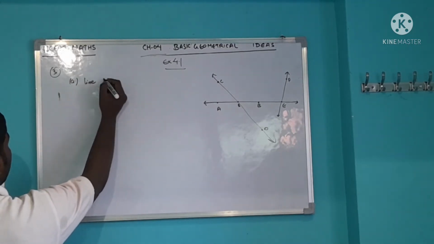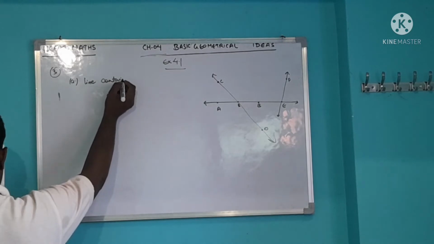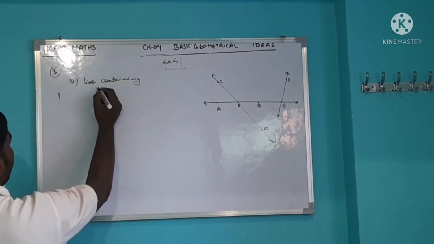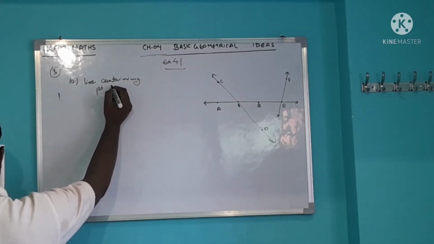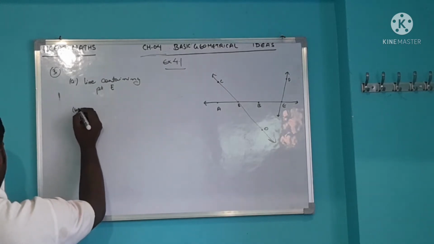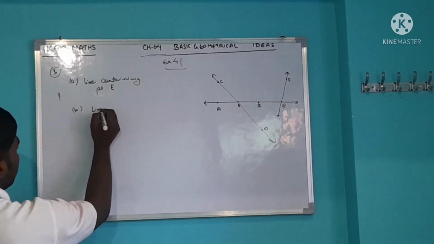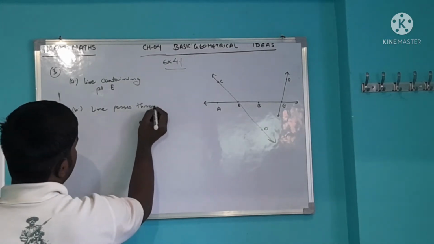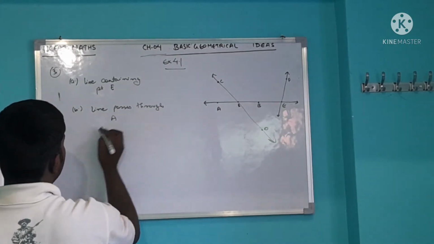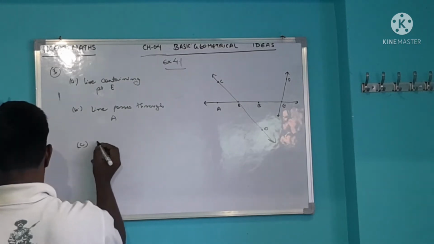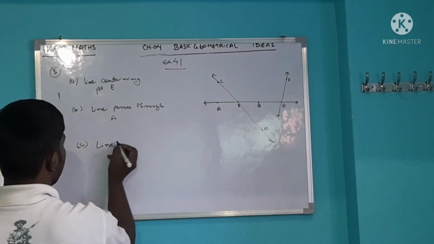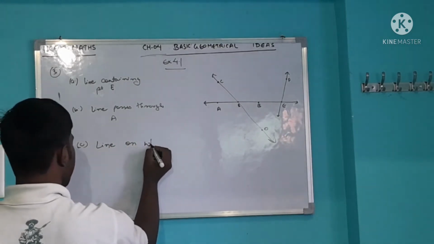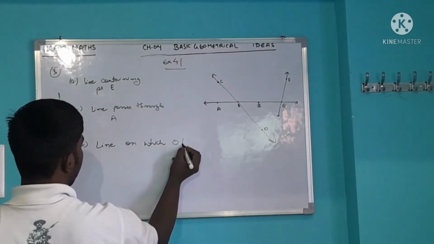First, a line containing a point. For B we have a line that passes through A. C part we have a line on which O lies.